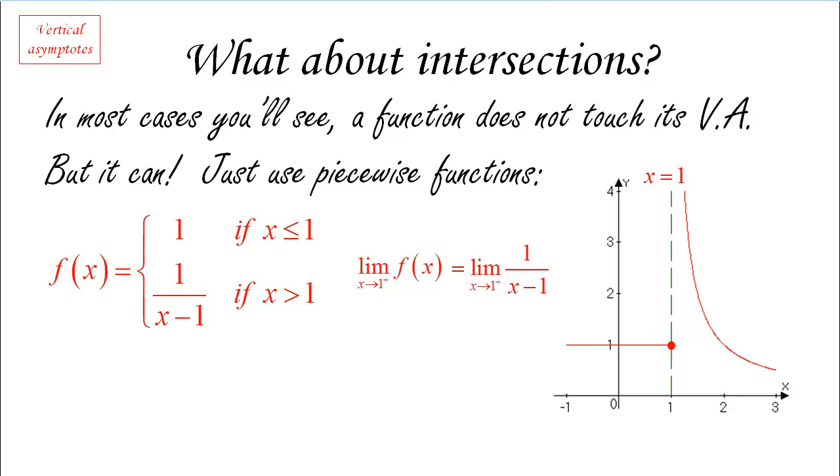The whole fraction is becoming bigger and bigger, and because I'm using numbers greater than 1, everything is positive, and therefore the limit is going to be positive infinity. That's what I need for a vertical asymptote. It's enough for it to be an asymptote on one side. On the other side, we don't care. So once again, remember the key important thing about vertical asymptotes, they are about limits.